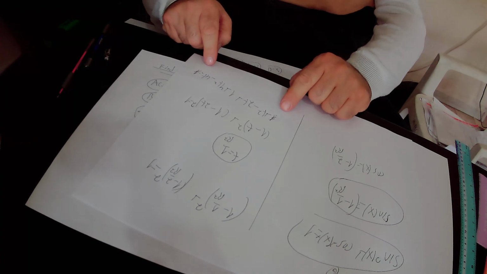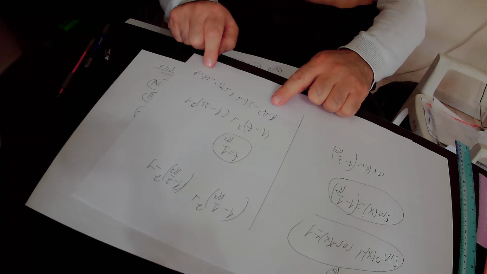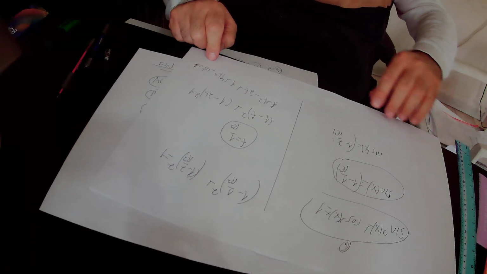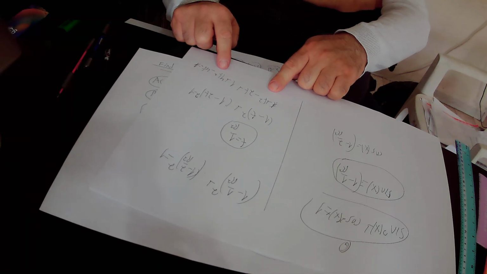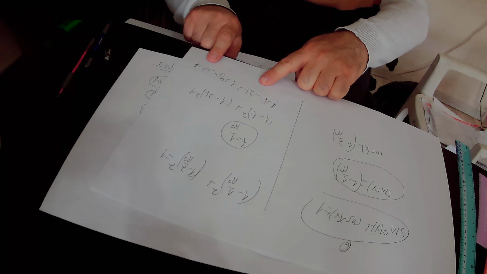So here we have 1 on both sides of the equation, so the 1 will get cancelled. On this side of the equation we are left with t squared plus 4t squared, which is 5t squared, and minus 2t minus 4t, which is minus 6t, plus 1.